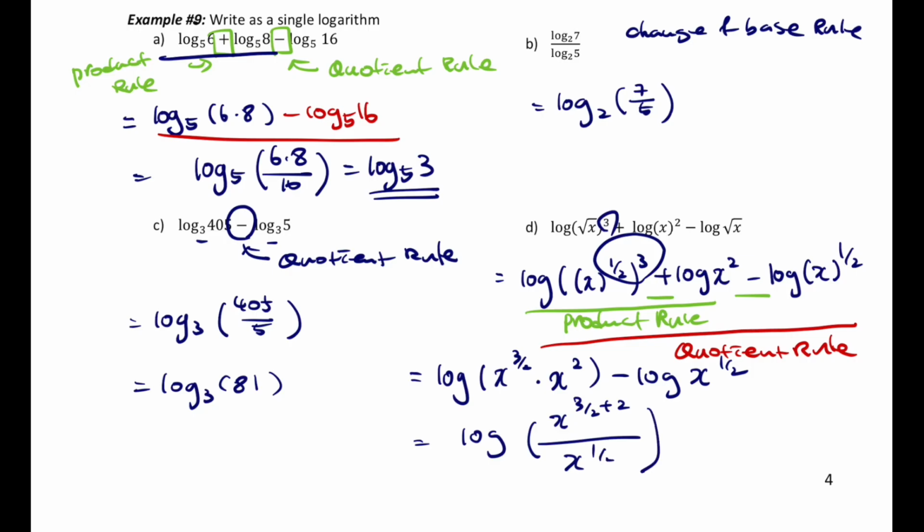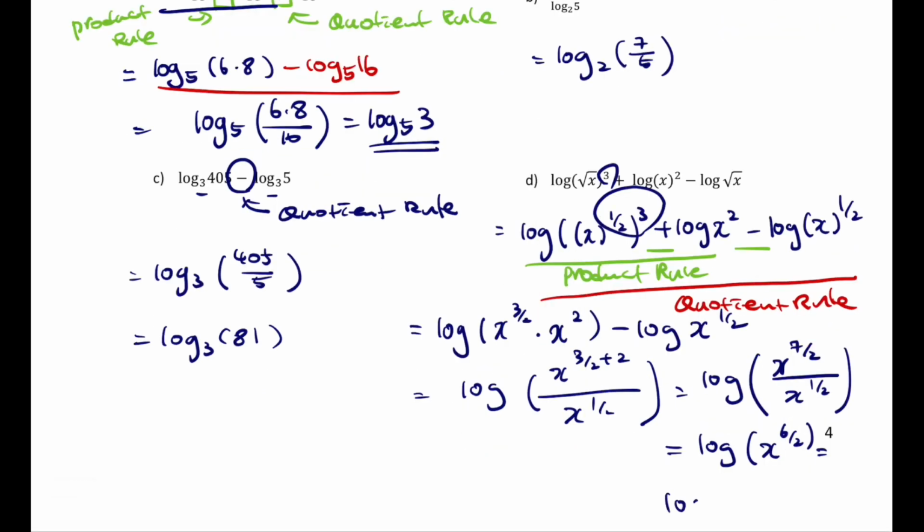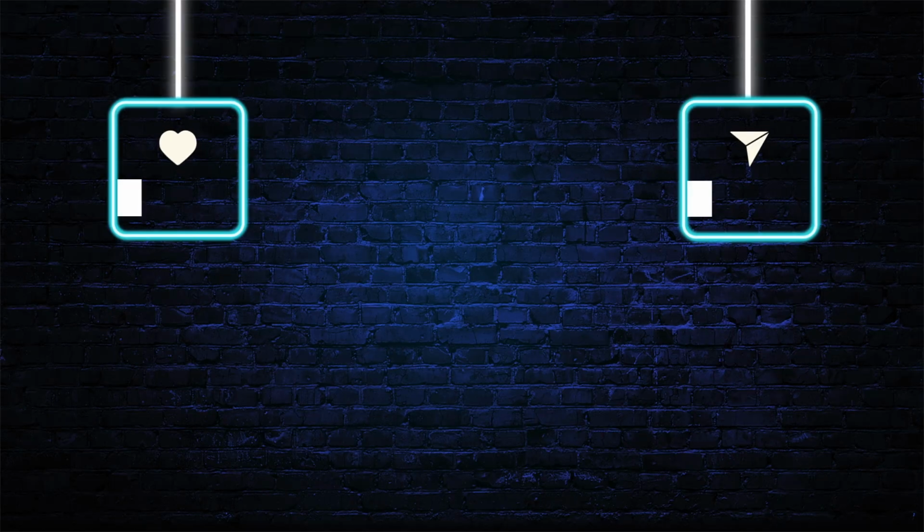Okay, then this is actually the same as log x to the power of 7/2, because 3/2 plus 2 is the same as 7/2, over x to the power of 1/2. But then it can be simplified as x to the power of 6/2, or log x to the power of 3, and we have 3 times log x. So you can either write it as the first form or the second format, right?